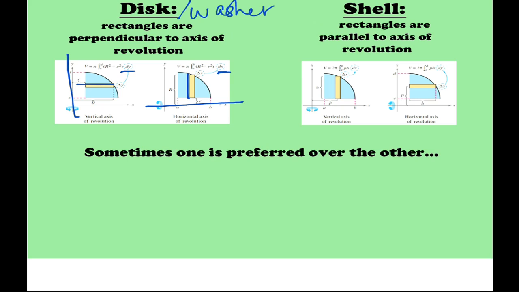What if we were doing shell though? Let's review one more time about shell method. If our axis of revolution was our y-axis, then which way would our rectangles lie if we're doing shell method? Wouldn't they also be vertical, straight up and down? And so if we're doing shell method, remember we need to do our 2 pi p h w. 2 pi out in front, what does the p represent?